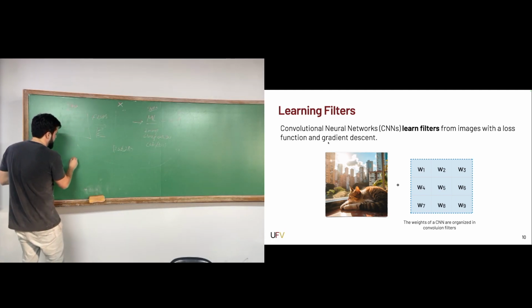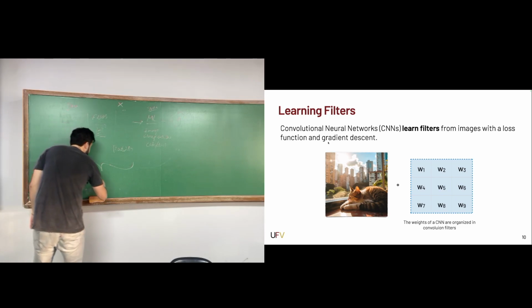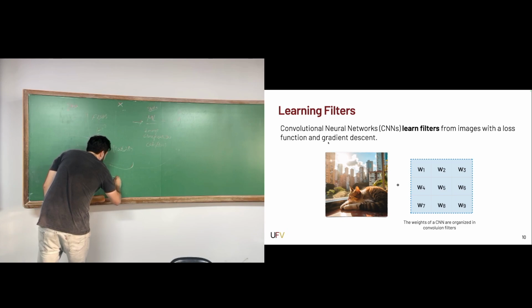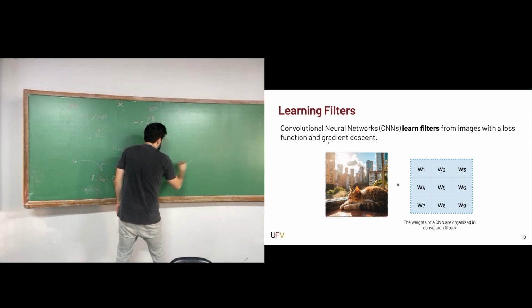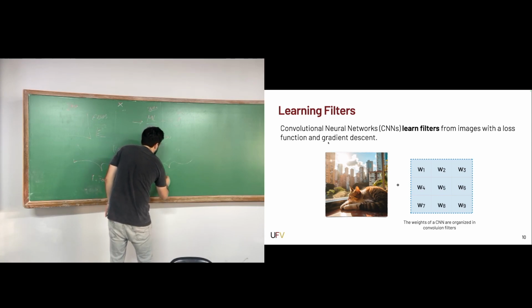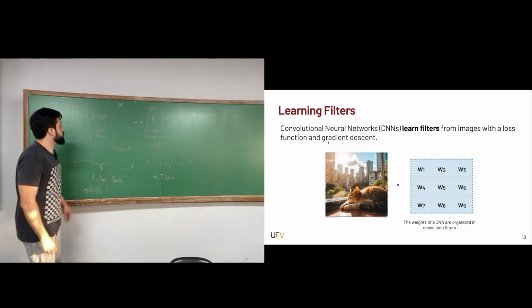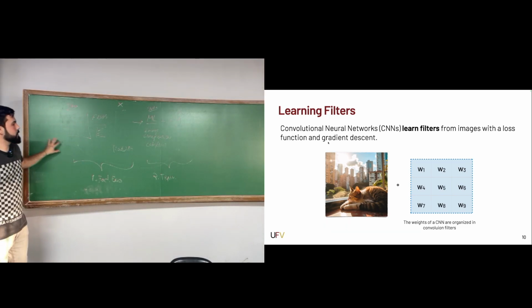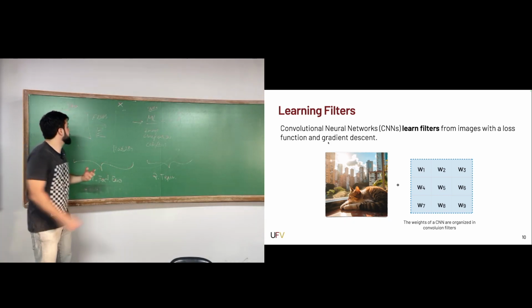Before that, this step was feature engineering, and then this would be training. They are separate steps. So what convolutional neural networks do is they do these two processes in only one, by learning these filters.